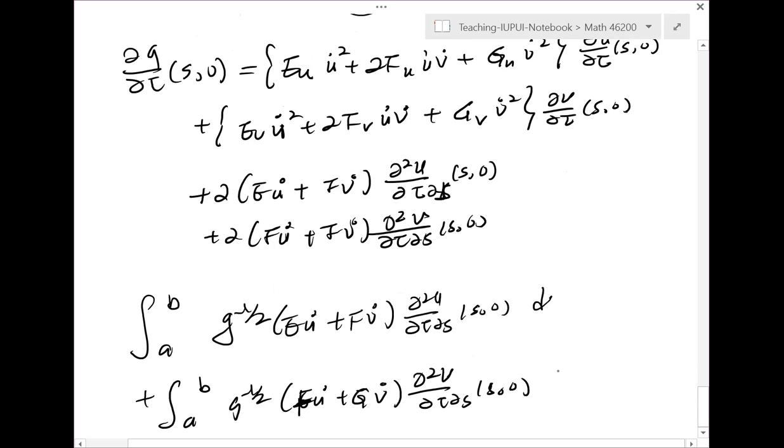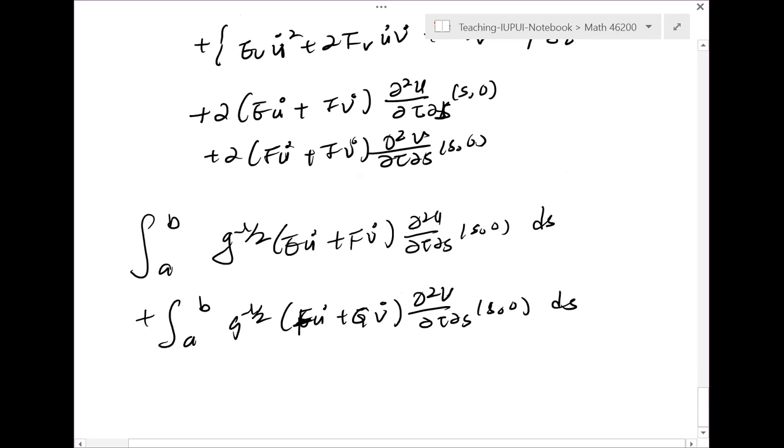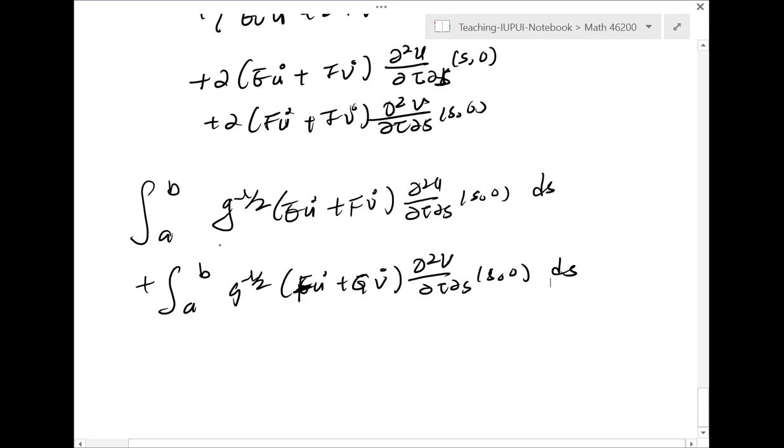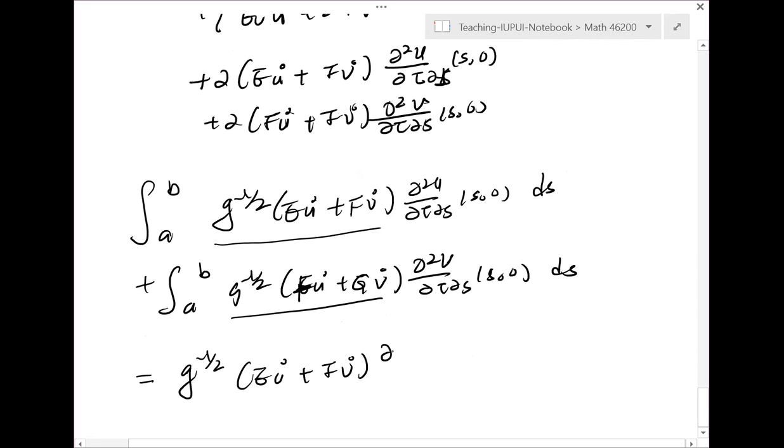I'm going to get rid of the second order derivatives using integration by parts. Using integration by parts, this will be E to the -1/2, G to the -1/2, E U dot, F V dot.